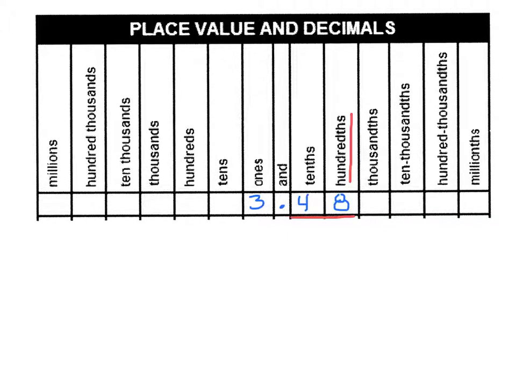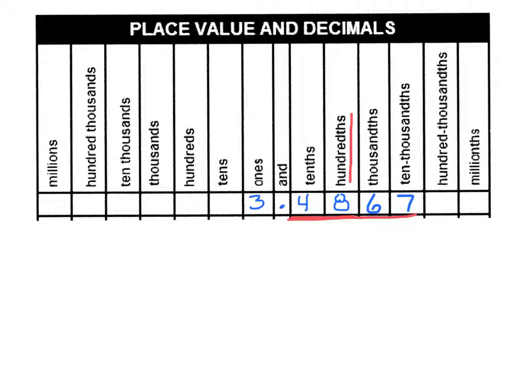So if I were to add a 6 here, now the number I have is 3 and 486 thousandths. If I were to add a 7, now the number would be 3 and 4,867 10,000ths. Notice I said 3 and 4,867 because I'm looking at this entire number.